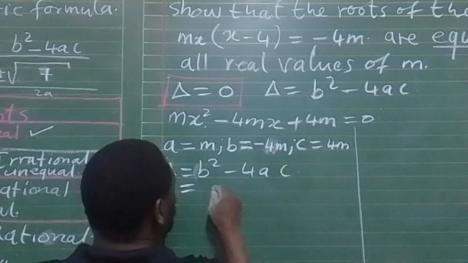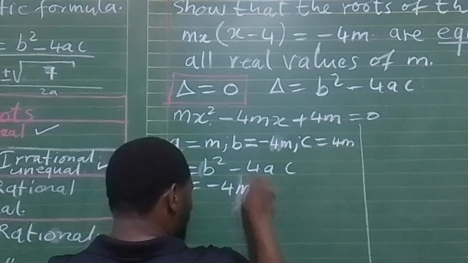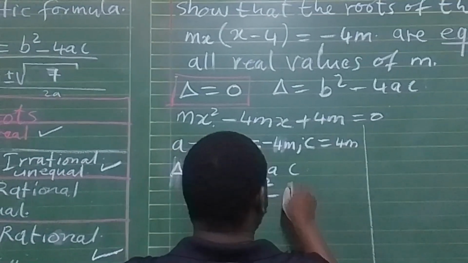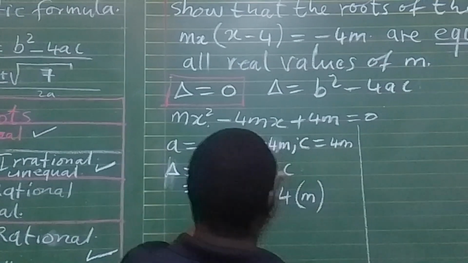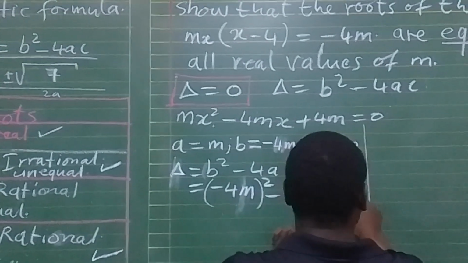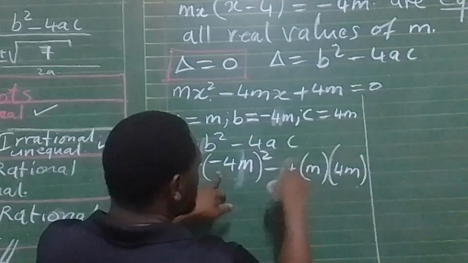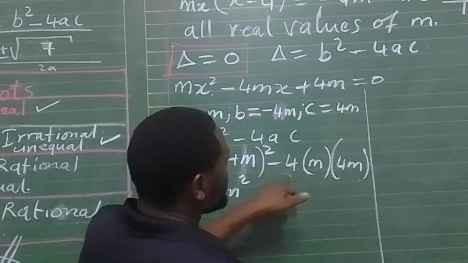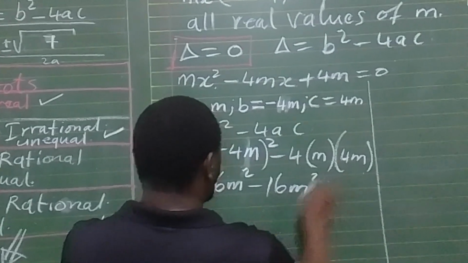Then your b is minus 4m, squared, minus 4 times a, which is m, times c, which is 4m. Positive 4m, right? Which is 4 squared is 16m squared minus 16m squared.